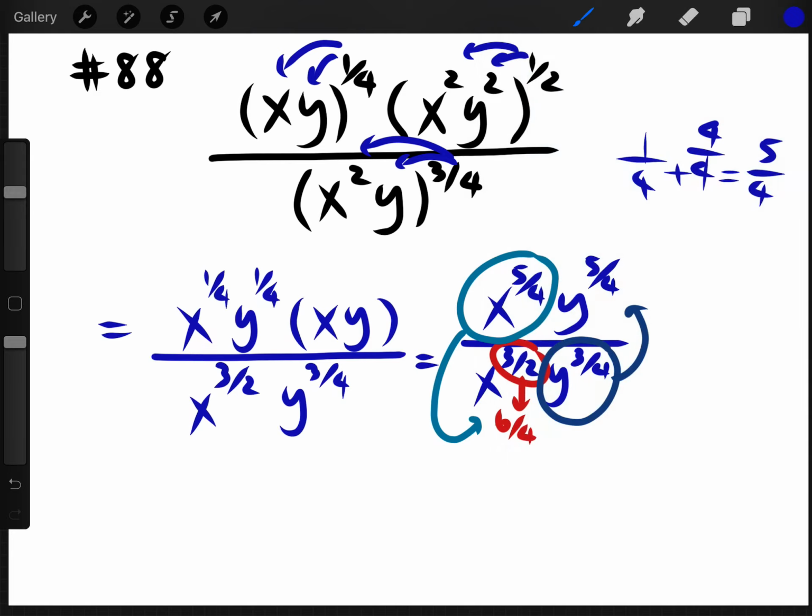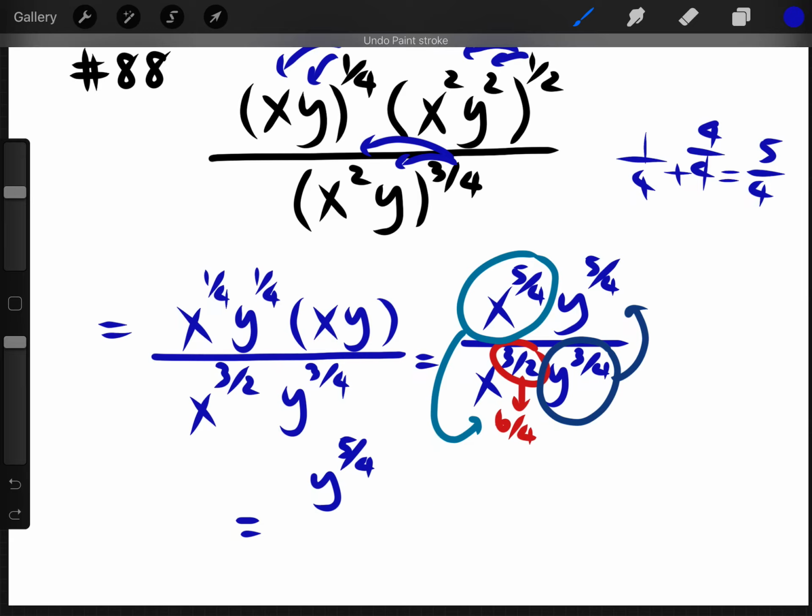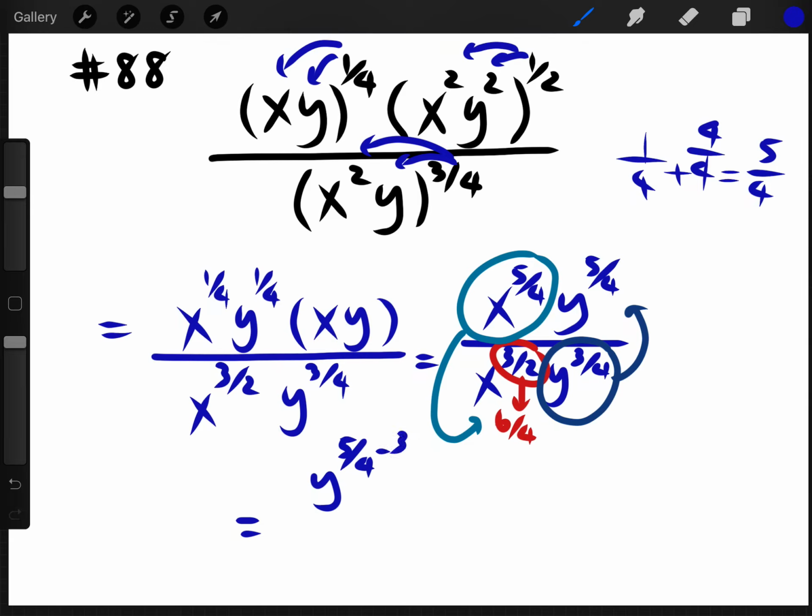So you're going to have y to the 5/4 times y to the 3/4. Basically it's going to be negative 3 over 4. You combine them so you can have one fraction to subtract the other. So just subtract 3 over 4.